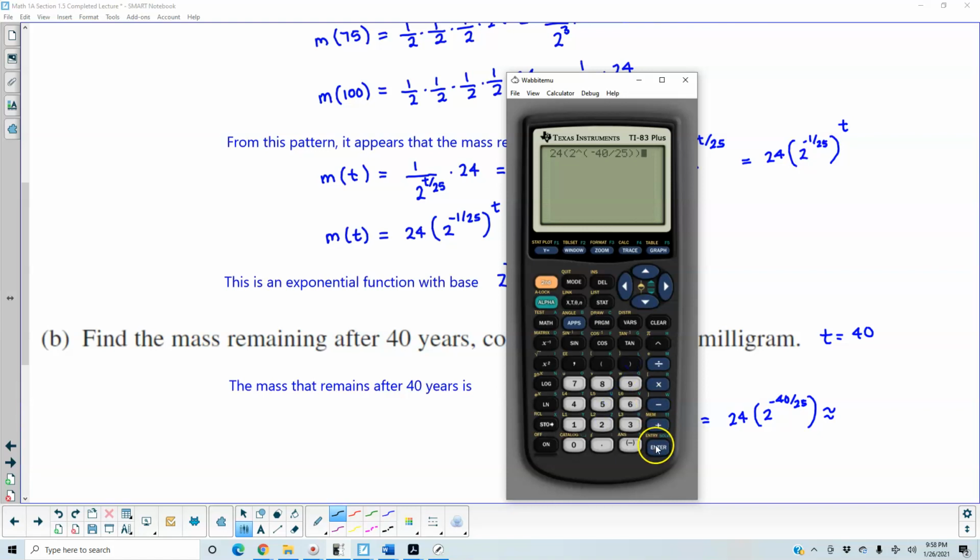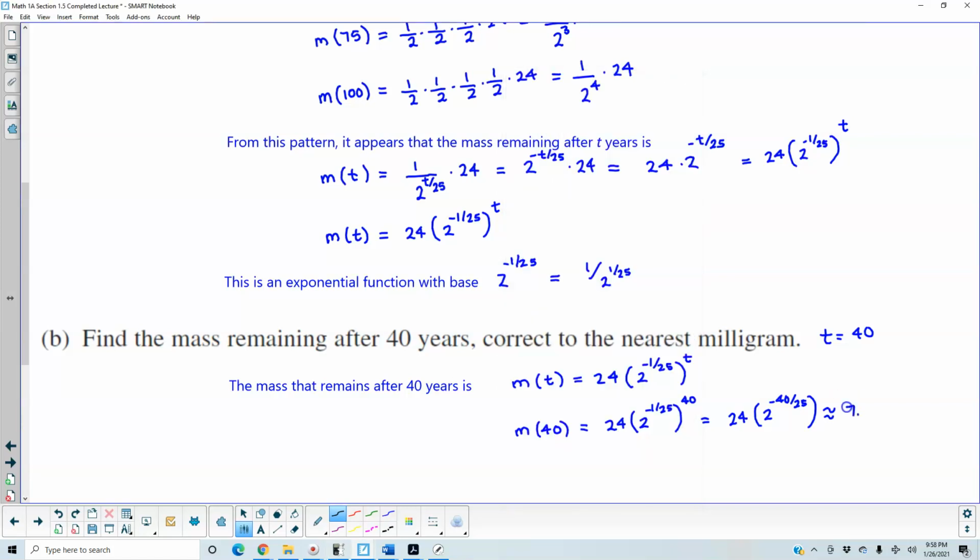If we round that to one decimal place, that is approximately 7.9. So what that means is that the mass that remains after 40 years is 7.9 milligrams. And again, this is the model that we got from our previous step.